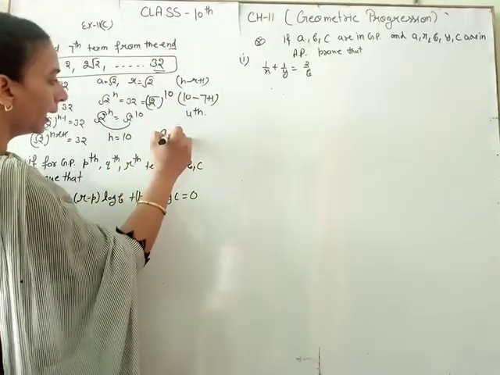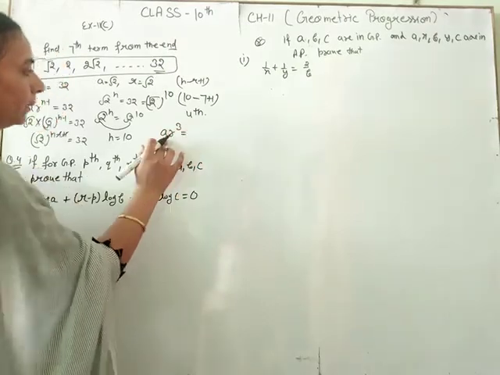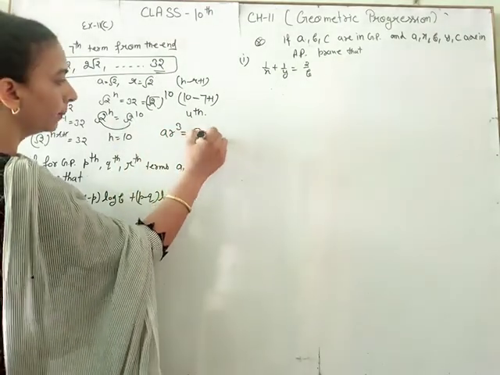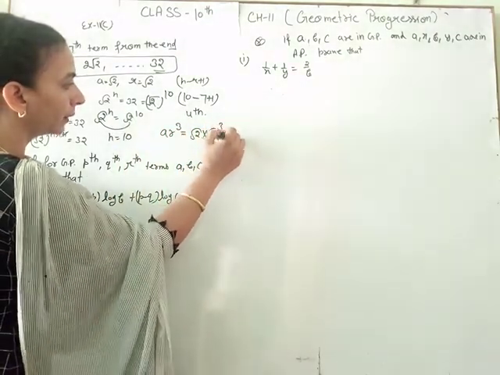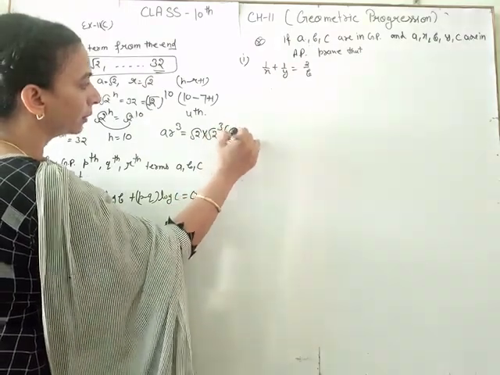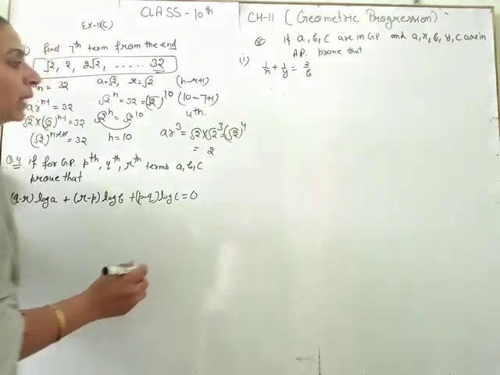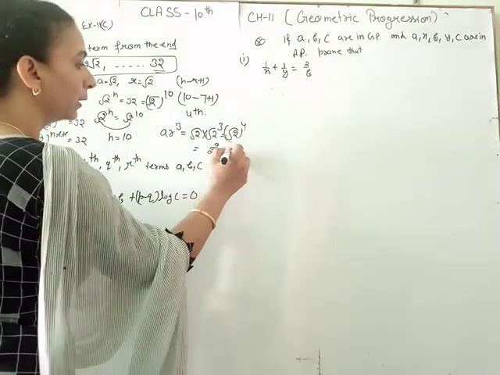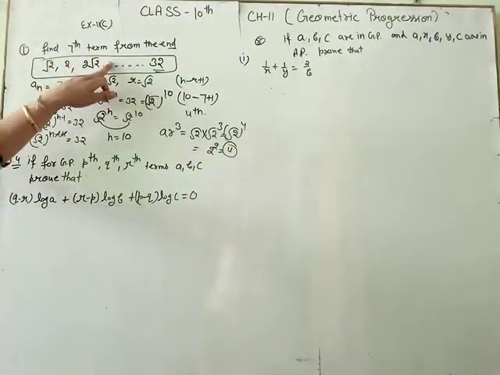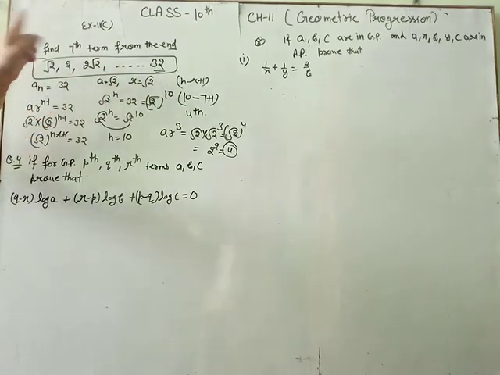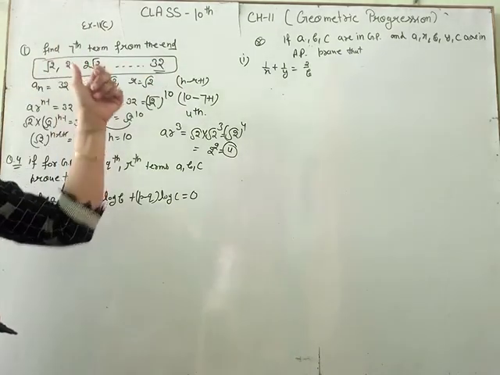The fourth term is a r raised to the power 3. In place of a, root 2, in place of r, root 2 raised to the power 3. And this completes to root 2 raised to the power 4, which equals 2 raised to the power 2, which equals 4. So the term is 4, and this is the seventh term from the end.